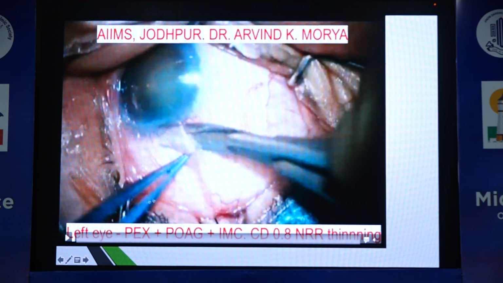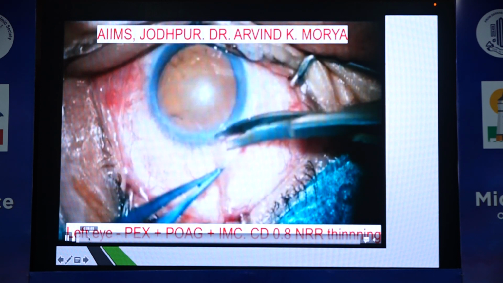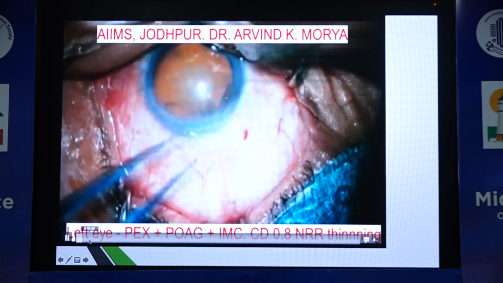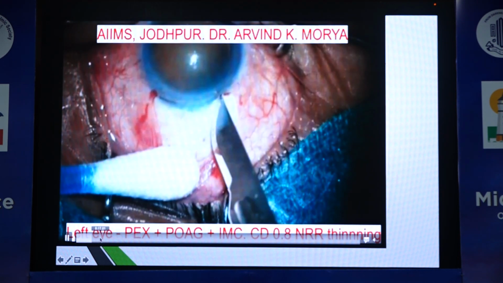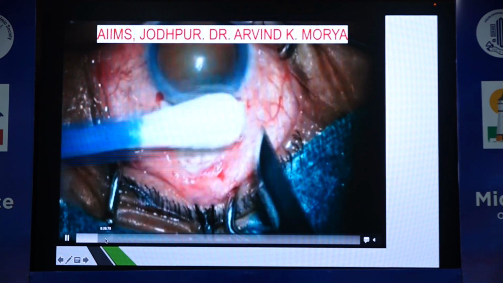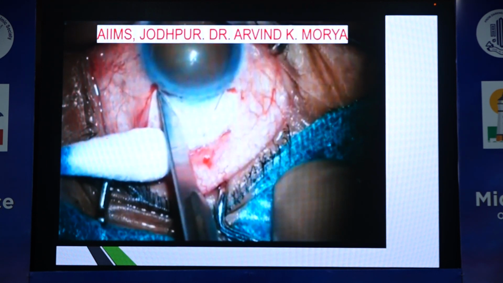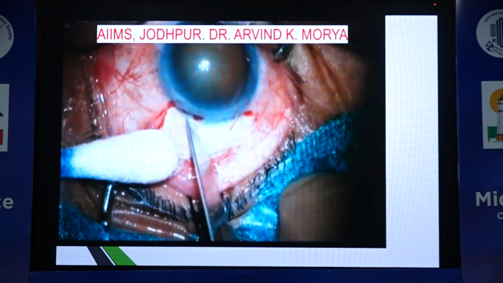So this was one of the cases. It was pseudo-exfoliation along with open angle glaucoma. At 3 by 3, this scleral incision was given, to half the depth.